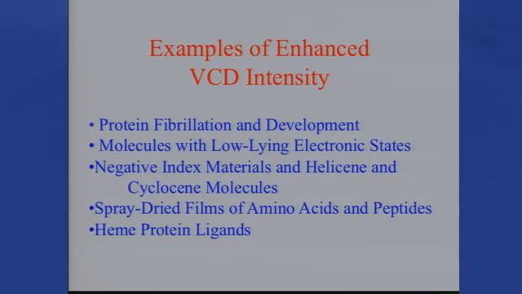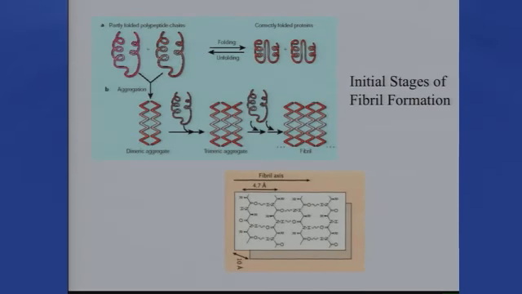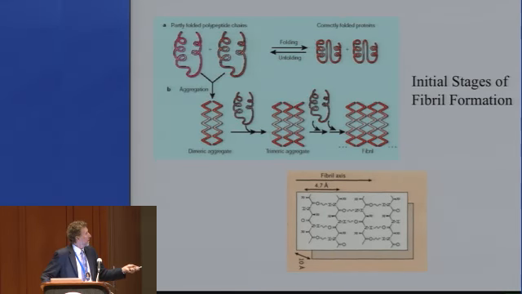And I'm going to close with just a section on enhanced VCD. There are many different ways to enhance VCD, but the one I'm going to pick is the one on protein fibrillization and development. You may know that fibrils form from proteins when they're destabilized and form a long beta sheet chain where the strands are perpendicular to the growth of the fibril axis.